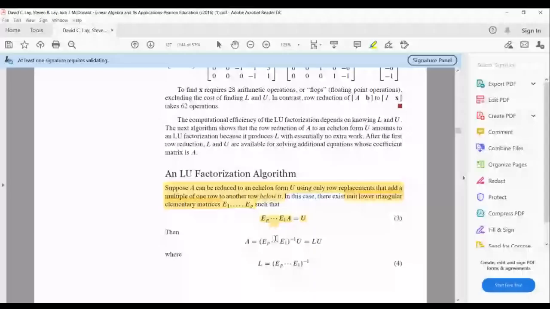We appreciate now the statement in the book that we saw, statement 3. Now we understand that it makes sense. But of course, if we want to get the matrix A by itself, we multiply by the inverse of the product of these unit lower triangular elementary matrices.